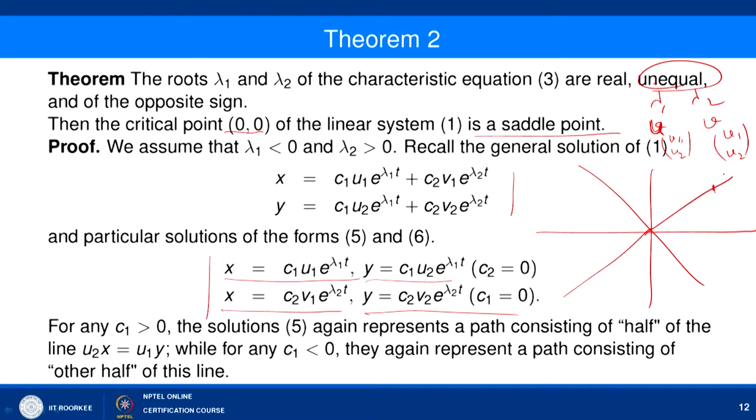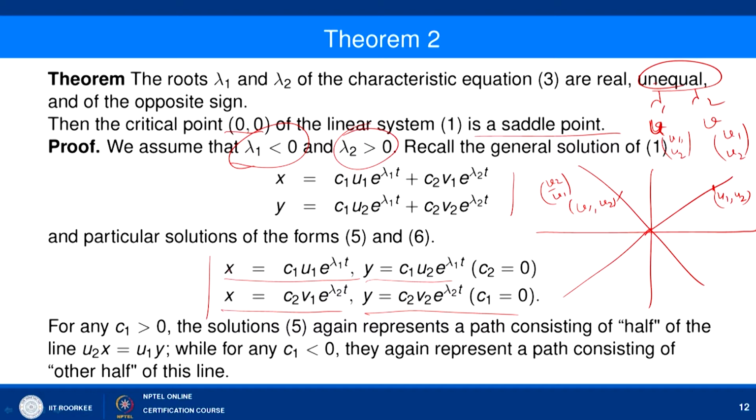This is the line corresponding to (u1, u2), which contains this vector (u1, u2) and slope is u2 over u1, and this other line is passing through the point (v1, v2) with the slope v2 over v1 here, and depending on C1 and C2 it will be this thing. Now here we are assuming that lambda 1 is less than 0 and lambda 2 is greater than 0.